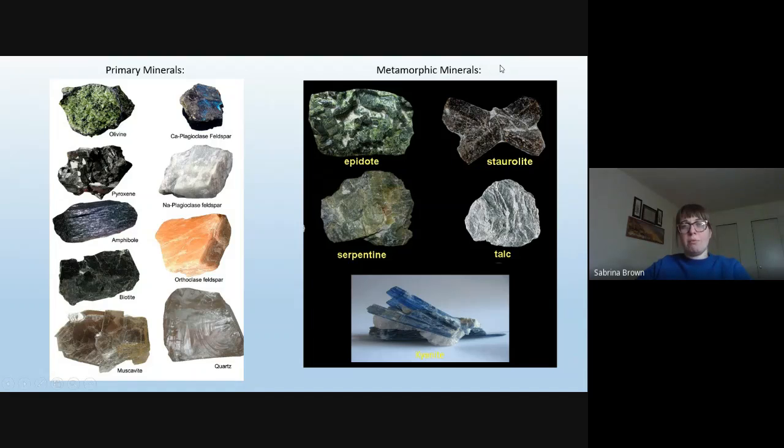But we have a number of metamorphic minerals: epidote, staurolite, serpentine, talc, and kyanite, which form specifically in metamorphic environments. So I just want you to know there's certain minerals that stay the same, and there's certain minerals that are formed specifically in the metamorphic environment. I'll find some of these in the lab and show them off to you when we're doing our metamorphic rock identifications.